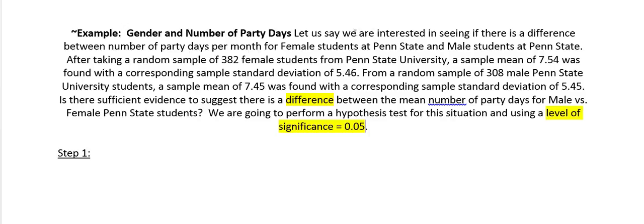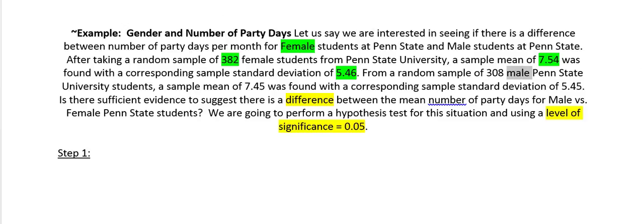Now, one thing that's helpful is identifying each of the two groups. Highlighting the females in green, we have a sample size of 382, a mean of 7.54, and a standard deviation of 5.46.